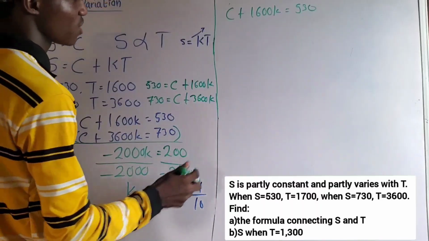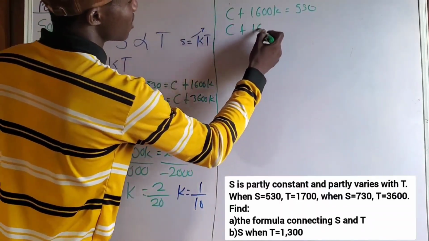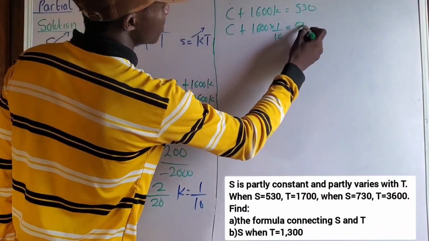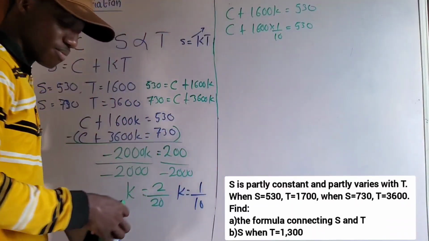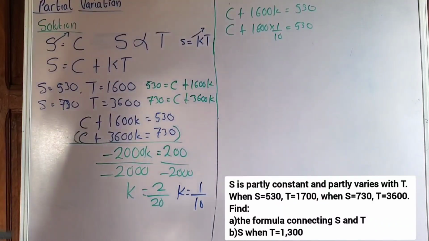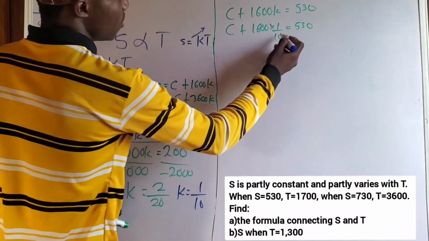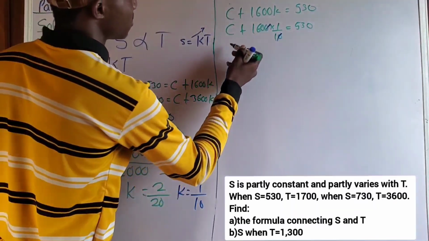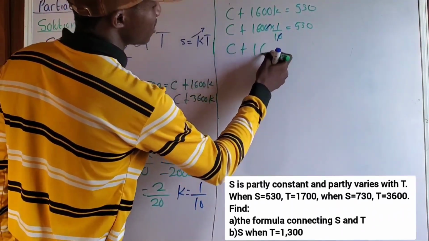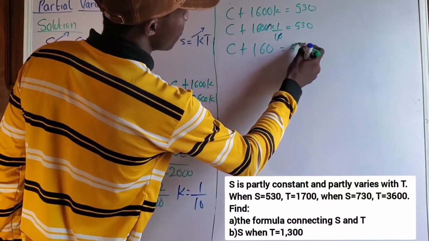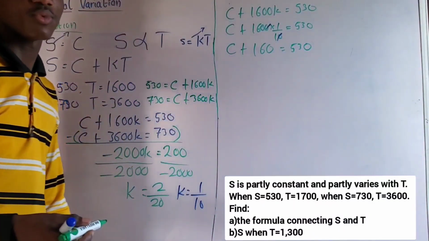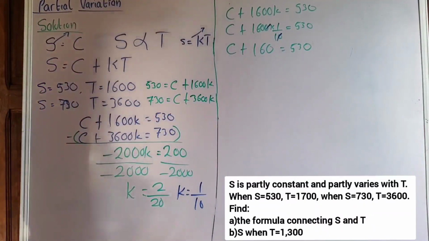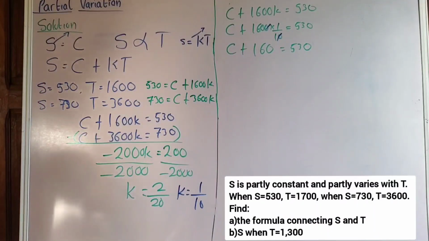Now when K is 1 over 10, I'm going to have C plus 1600 multiplied by 1 over 10 equals 530, right? Now this 0 and this 10 can eliminate. I'm going to have C plus 160 equals 530. Do you understand what I'm doing? 1600 divided by 10 will give us 160, right? So that is how I got 160 in that place.